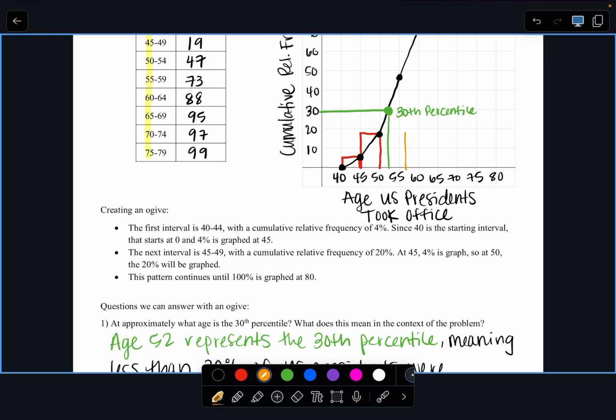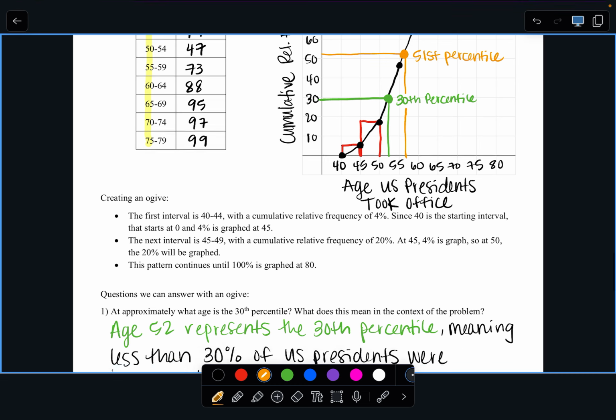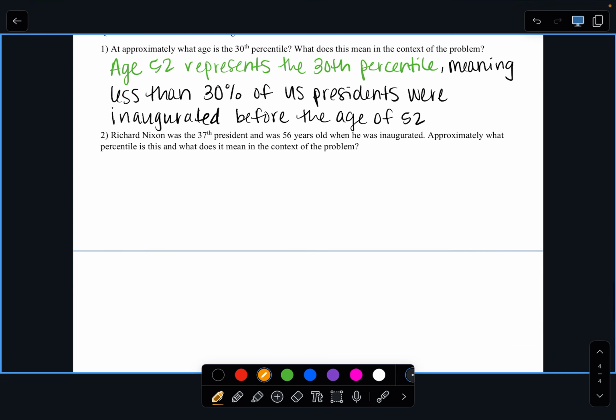I draw a line all the way up to where I think my graph is, and then I draw a line over to the percentile, and it looks to be roughly the 51st percentile. And so, same thing, I'm going to say he is at about the 51st percentile. So let me write that out.